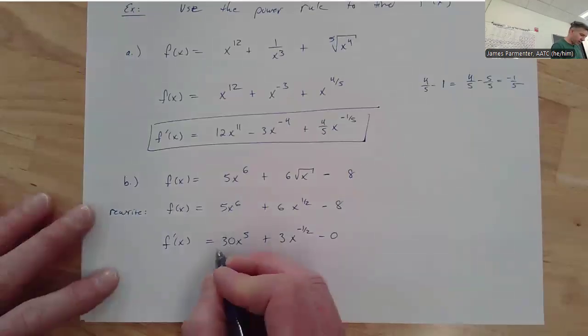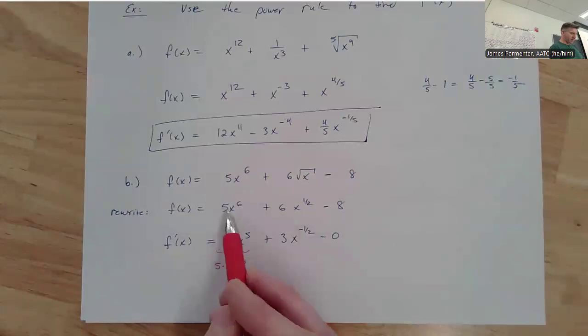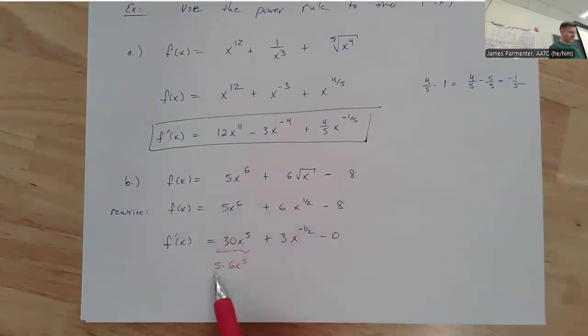Because really, this part right here is really 5 times 6x to the 5th. The derivative of 5 times x to the 6th is 5 times the derivative of x to the 6th. And I'll say again, these are rules you're going to use all the time without even thinking about the fact that you're using them, which is what you should be doing.